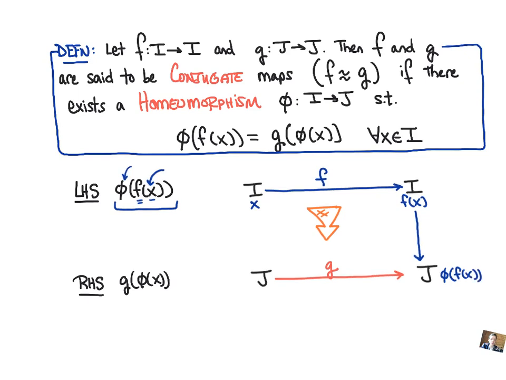Now the right-hand side of this conjugacy equation, starts with an x in I, so we're going to start at the same point that we did before. You then evaluate it with phi, so we're going to take this x, hit it with phi, which brings us down to J. So this is your phi bringing you down this way. And again, phi brought you down this way before as well. You'll get to J, so now that's phi of x down here.